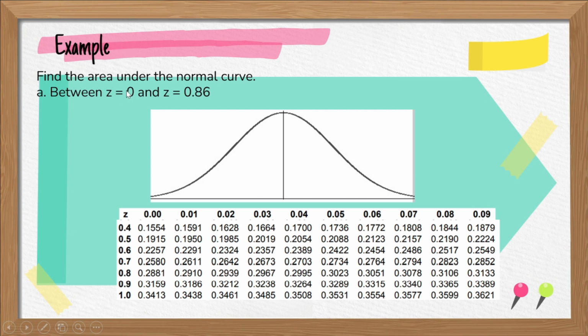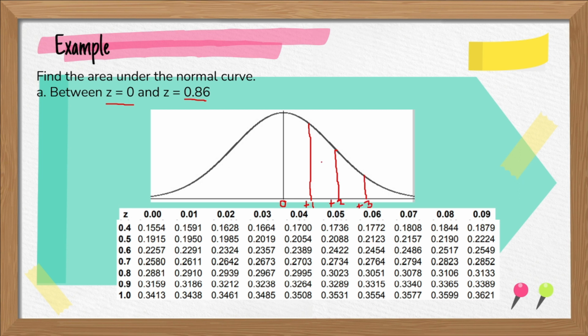Find the area under the normal curve between z is equal to 0 and z is equal to 0.86. So, si 0, dito siya sa gitna, 0.86. So, i-estimate lang natin. So, for example, this is positive 1, positive 2, and positive 3.